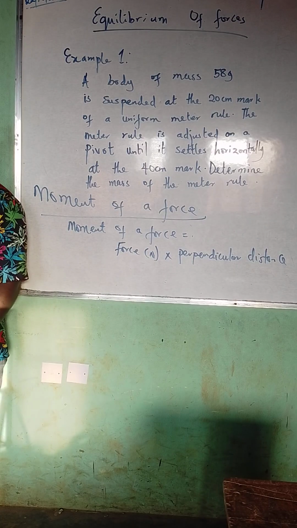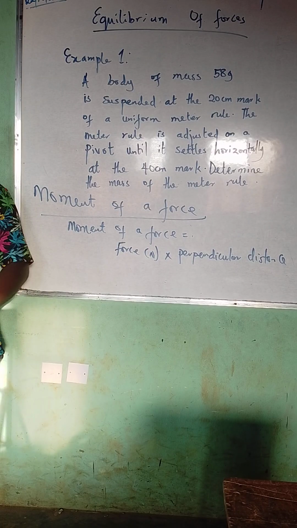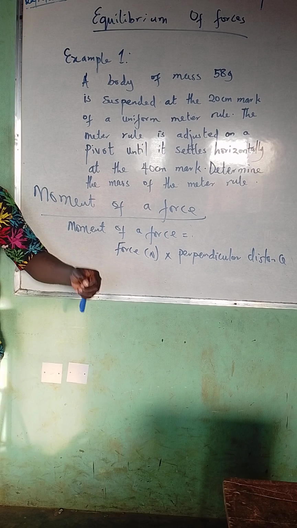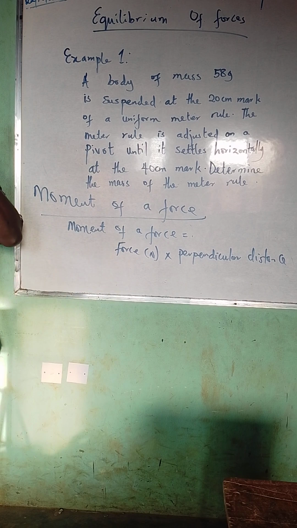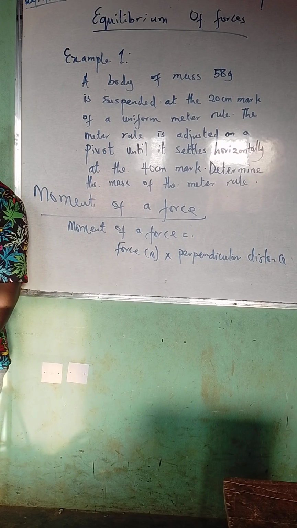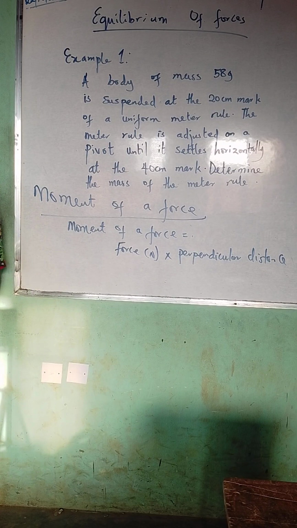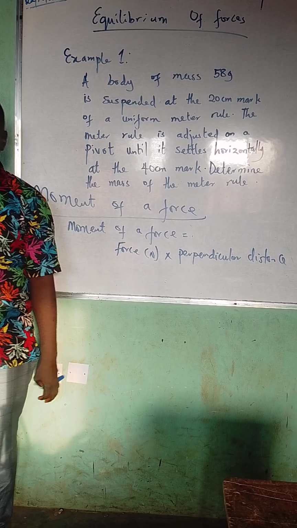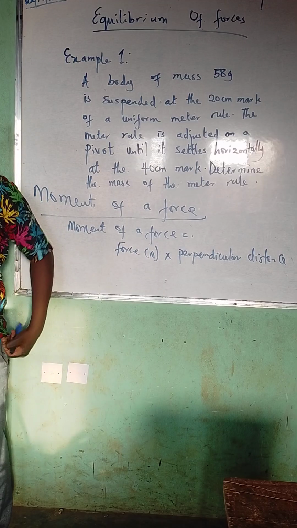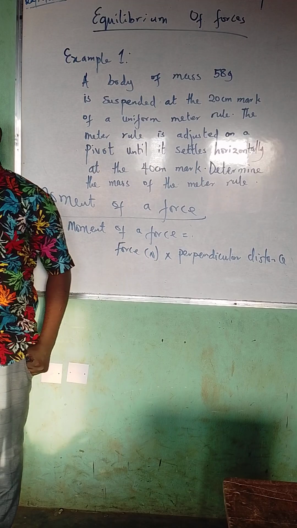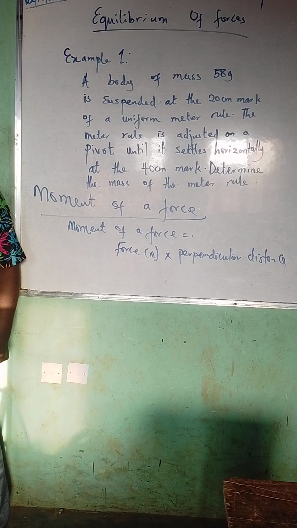The sum of the anticlockwise moment about any point is equal to the sum of the clockwise moment about the same point. Full stop.